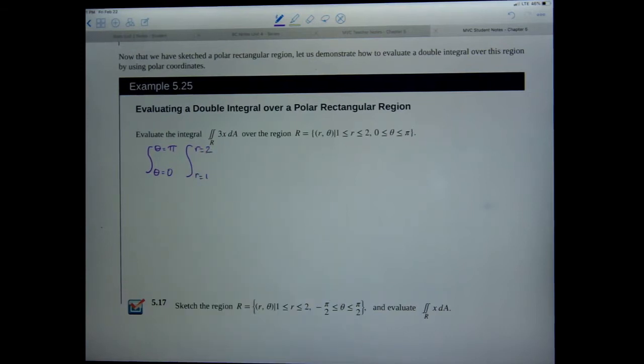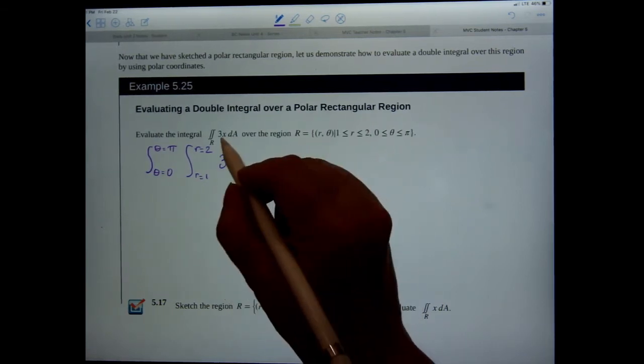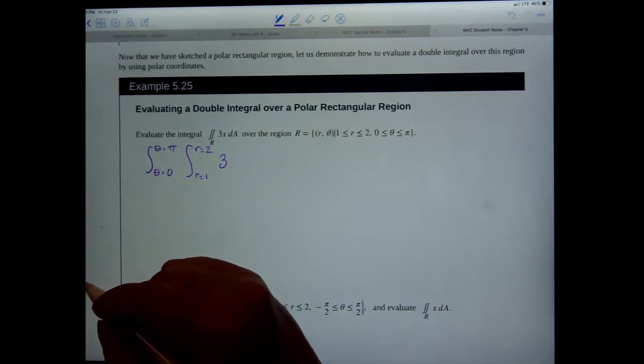Now, I know they're both constants, but we're going to go ahead and be consistent. We always put theta first and r second, because later on, r is going to be an equation like 2 cosine theta, or 3 sine theta, or something like that. Now, when we put this in, we don't want to put 3x because there's no x's on our integrals. How can we change x into r's and thetas?